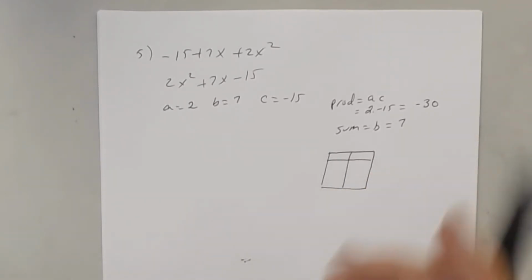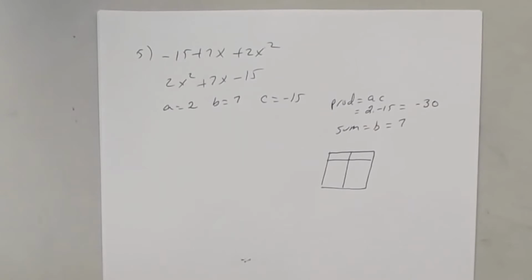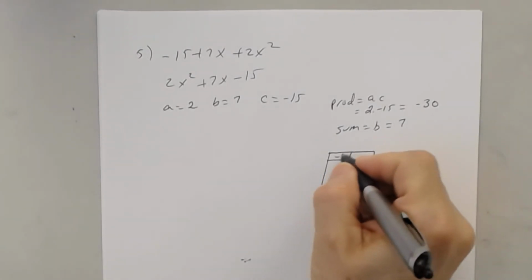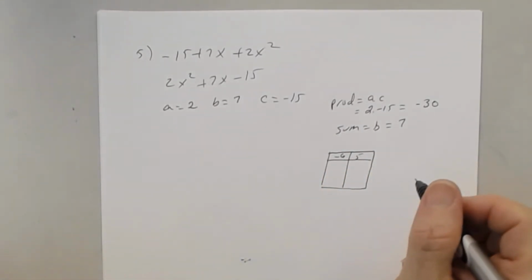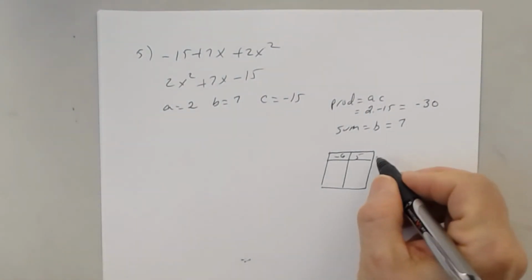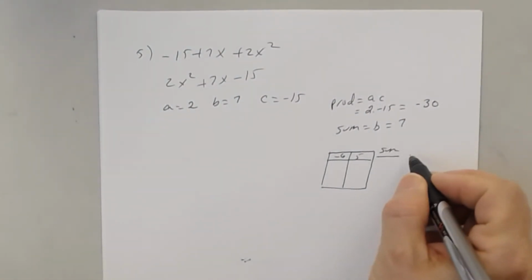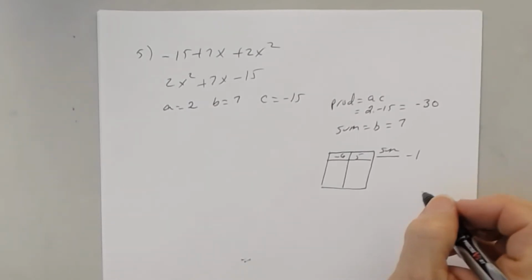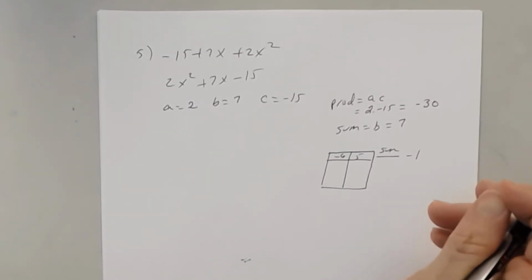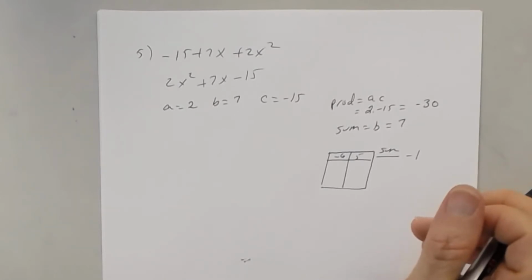So try two numbers whose product is negative 30 and whose sum is a positive 7. Will negative 6 and 5 work? No. Their product's negative 30, but what's the issue? The sum is negative 1, right? I wanted 7. So negative 6 and positive 5 won't work. What do you think might work?